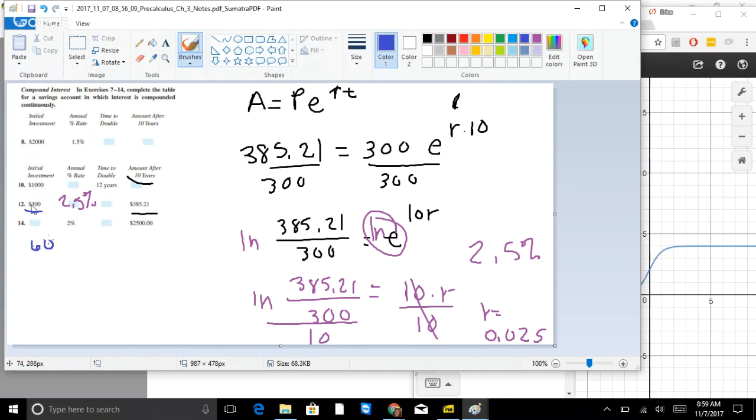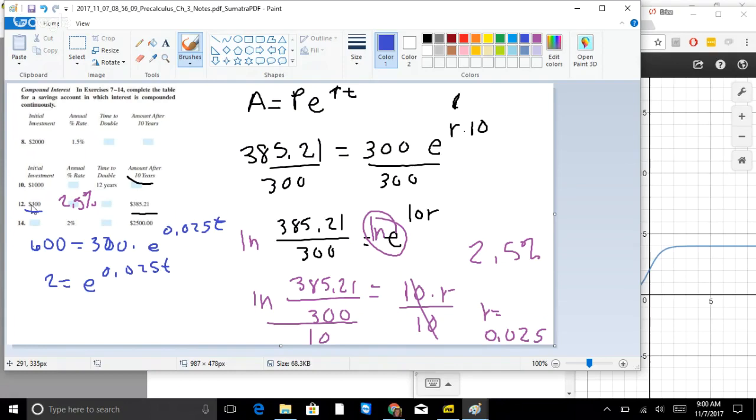So $600 equals $300, my principal, times e to the rate of 0.025 to the t power. We're going to divide both sides by 300, so we end up with 2 equals e to the 0.025t.